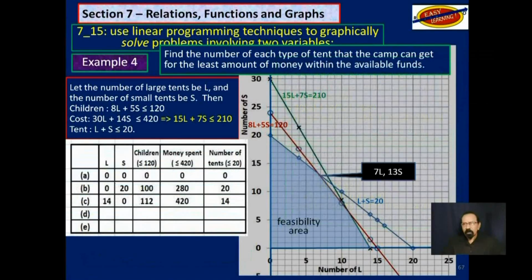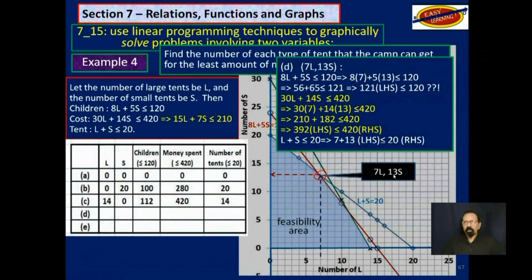So now let's try this point here, 7L and 13S. If we do that, we can accommodate 121. We need 120, so that is fine. We have spent $392 and we have 420. And 7 plus 13 is 20, so we have the 20 tents.